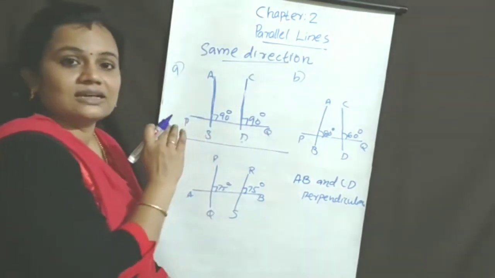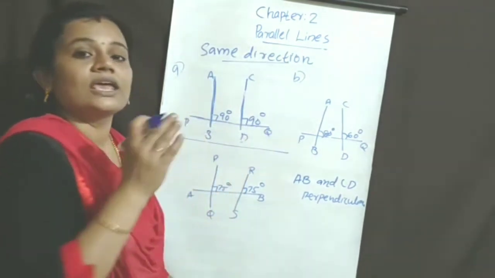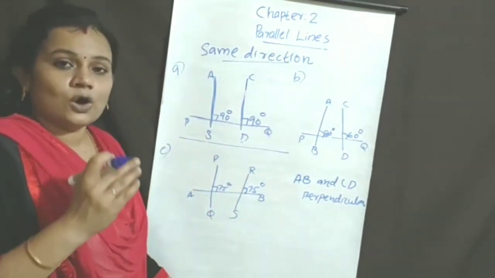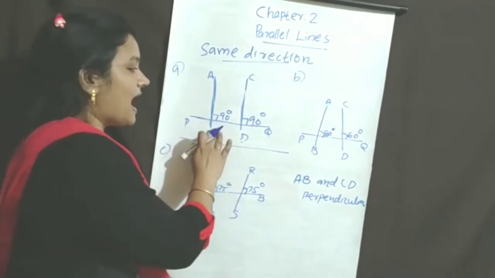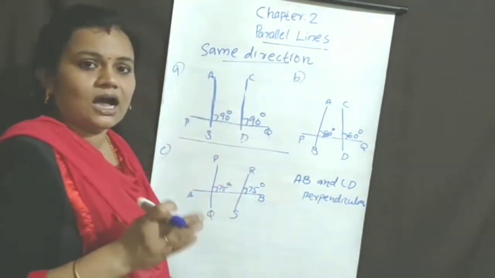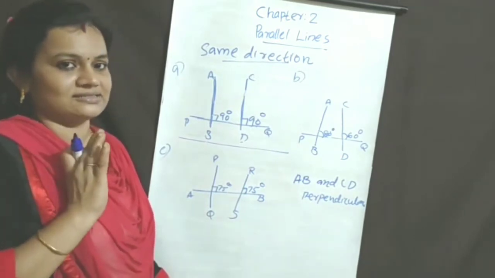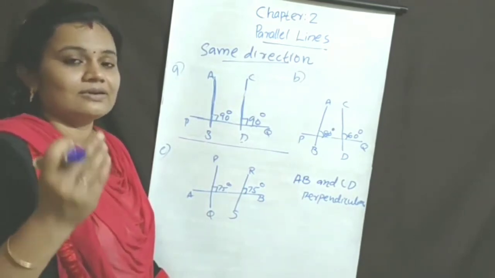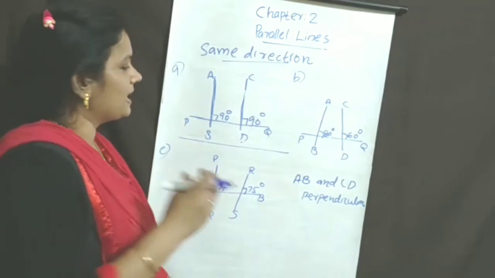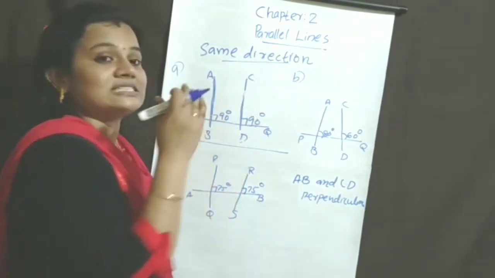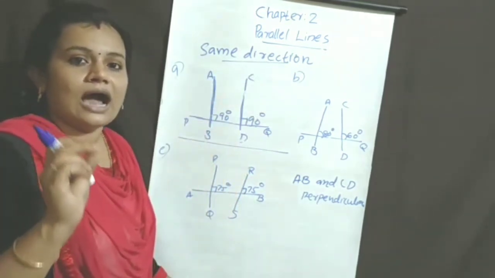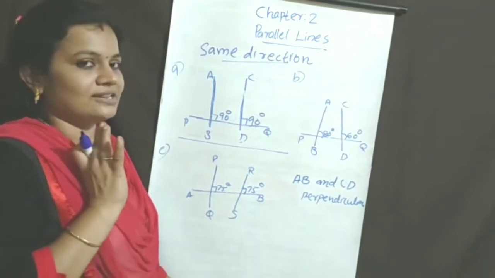These lines are making two angles. These two angles are equal. So we can say the parallel lines make equal angles with any line. Once more I repeat, the parallel lines make equal angles with any line.